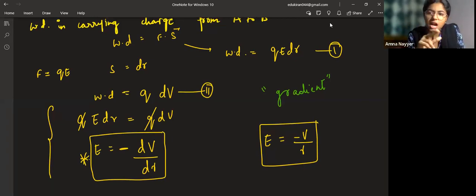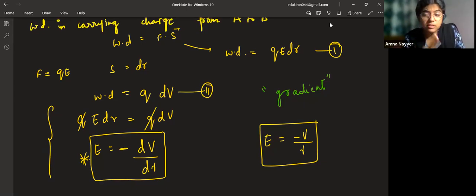Force is charge multiplied by electric field, QE, multiplied by the distance dr. This is one equation of work done. Secondly, you have the work done equation through the definition of potential, that is charge multiplied by change in potential. So two equations you have obtained: QE dr is equal to Q dV. Q gets cancelled. From here, you get the magnitude E is equal to dV over dr. So this is the derivation.